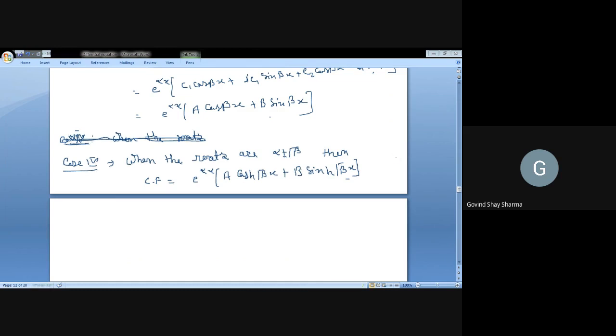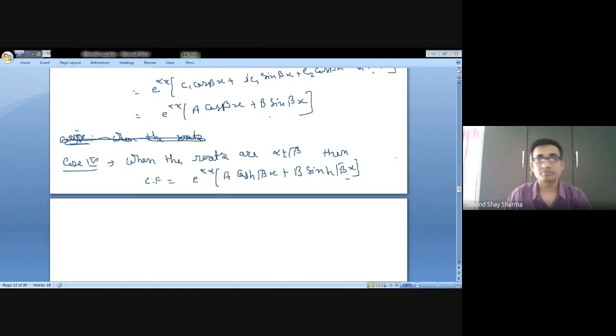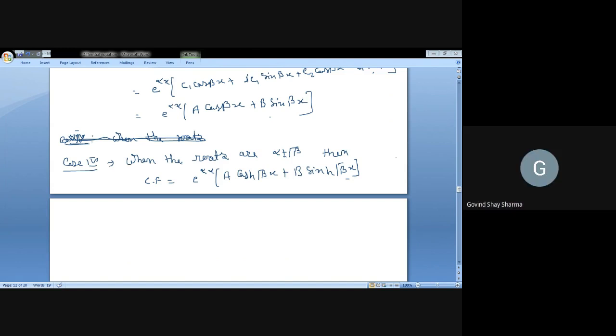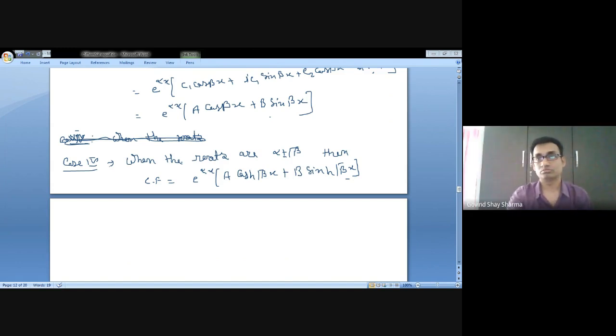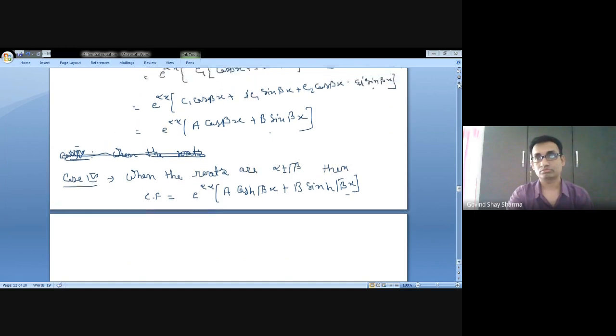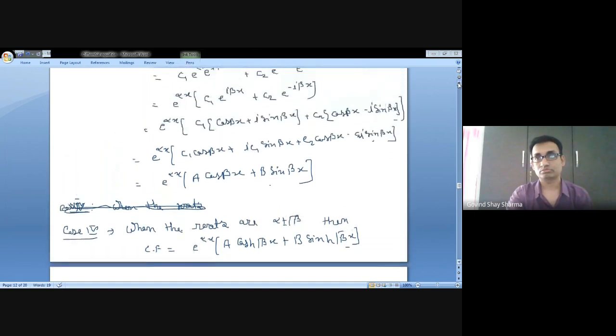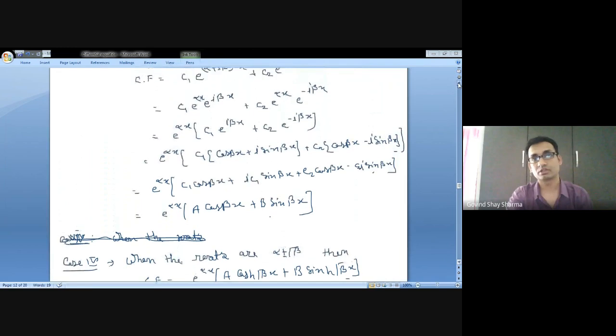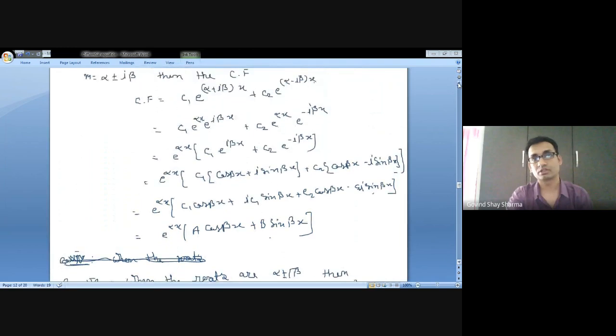Complex means alpha plus iota beta form. Then we write e to the power alpha x (a cos beta x plus b sin beta x). Actually, how do we get it? We write the roots as c1 e to the power (alpha plus iota beta)x plus c2 e to the power (alpha minus iota beta)x, and then segregate the e to the power alpha x.